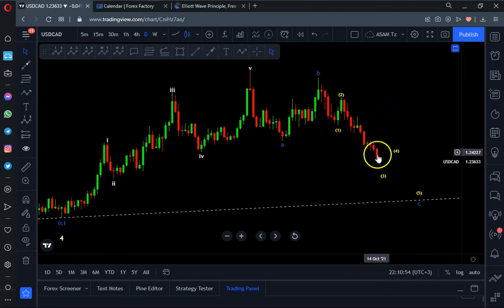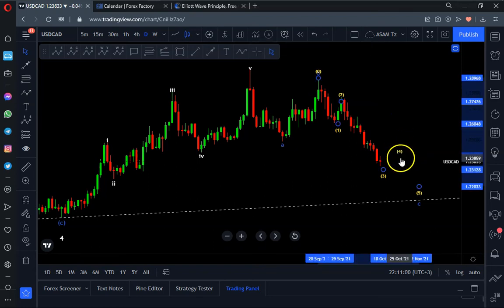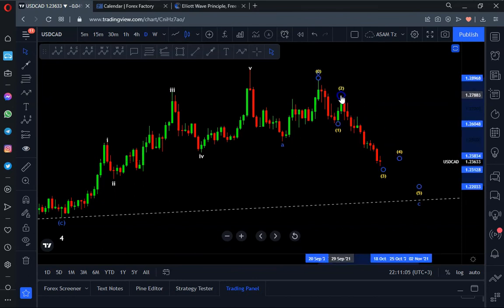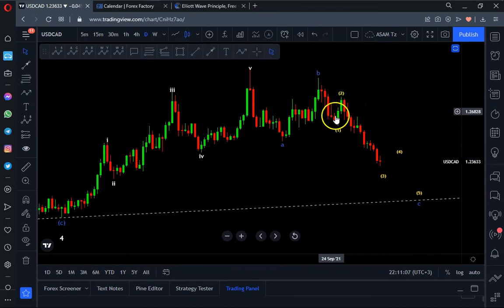But the overall direction for the market in USDCAD, we expect that it has completed the fifth wave of the third wave. So it will correct with the fourth wave that is expected to be a little bit bigger compared to the second wave, because the corrections along this move were very small and not that deep.